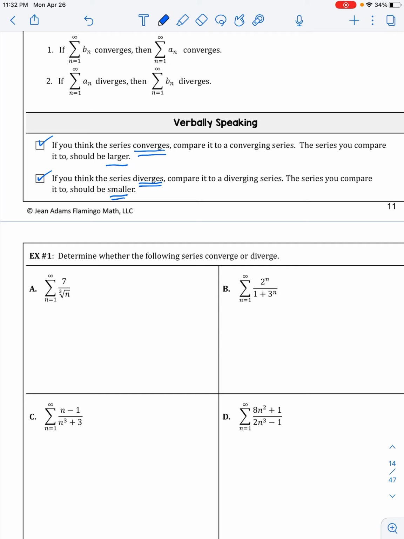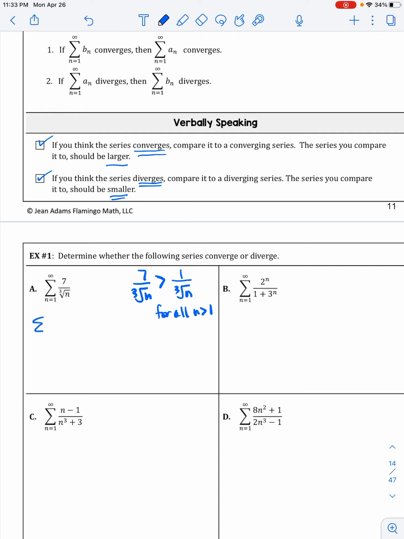So if I think that it might be divergent, I would like to compare it to something that's smaller. If I compare it to 1 over cube root of n, that is smaller, because look, 7 on the top is always going to be greater than that 1 on the top.